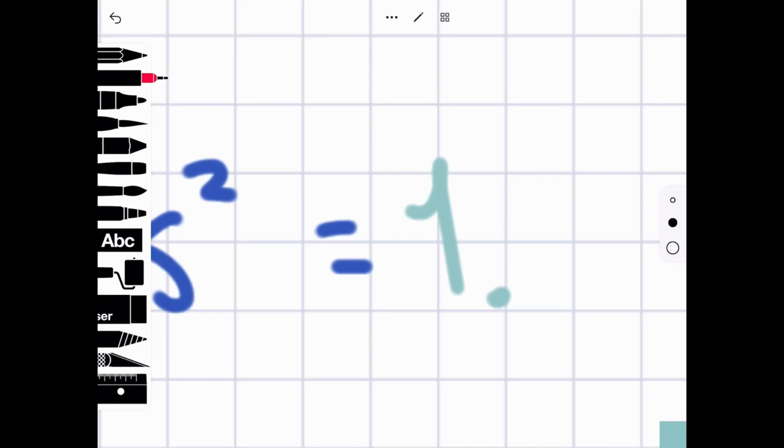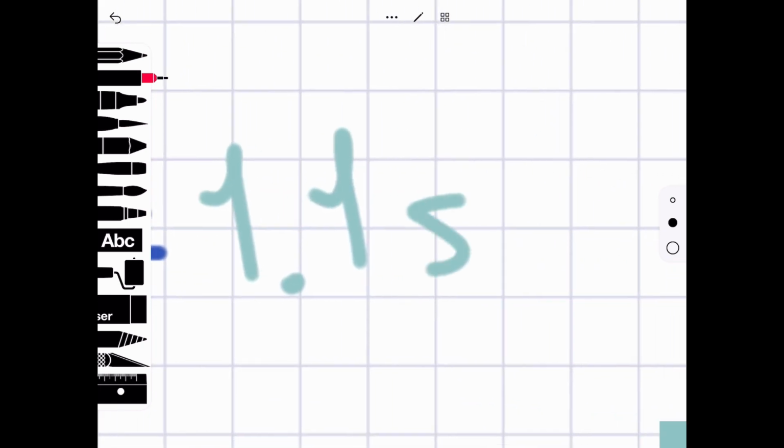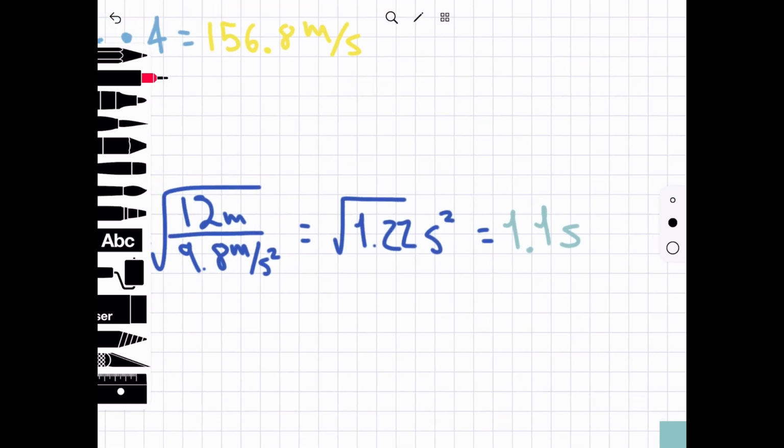Okay, now we want to take out the root, so without the root is 1.1 seconds only.